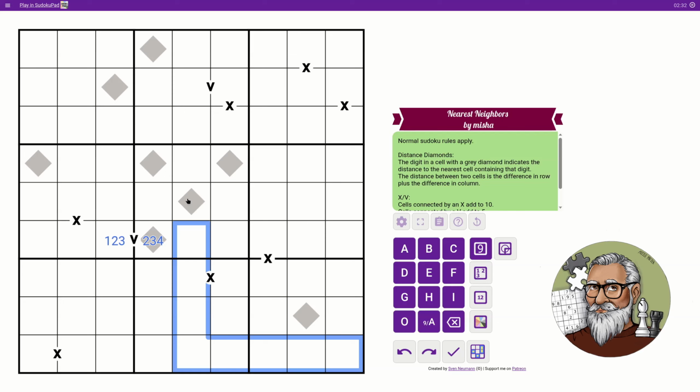So this couldn't be 9, but could it be 8 either? I don't think that it can be 8, right? Well, because 1, 2, 3, 4, 5, 6, 7, 8. Right, so fine. But this, it's the nearest. The distance to the nearest cell.